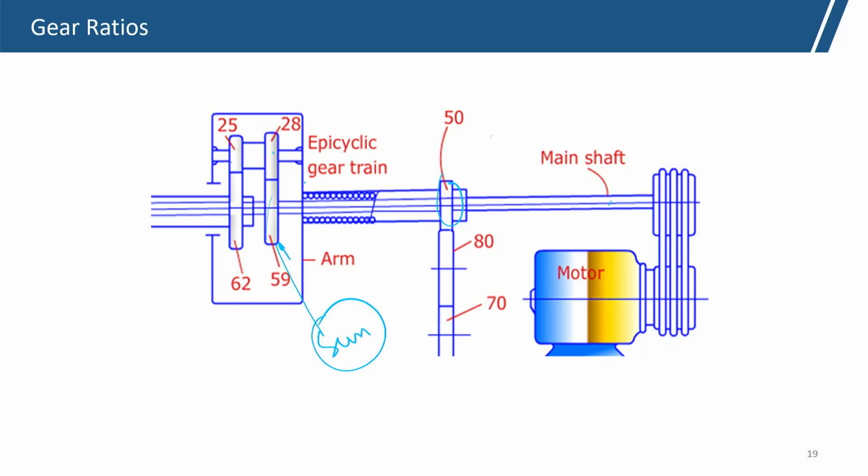So that means 28 is the planet, and 28 and 25 are on the same shaft, fixed, so they rotate at the same speed, and 25 gives the motion to 26. And 26 is fitted on a hollow shaft, so it has nothing to do with the main shaft motion; it gets motion only from the 25.